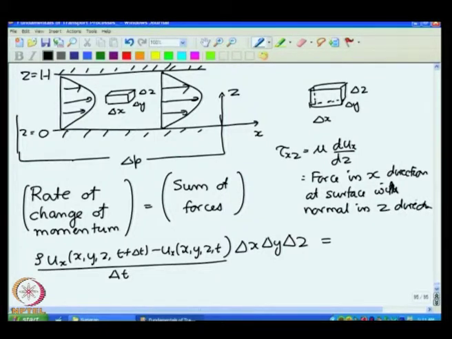This is the force per area acting at a surface whose unit normal is in the z direction.